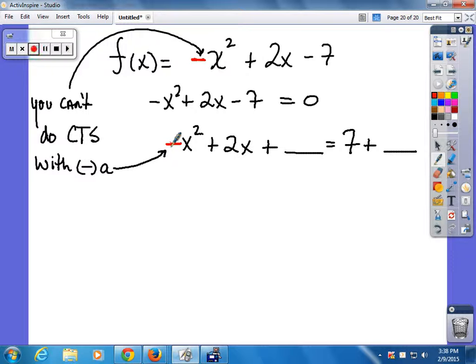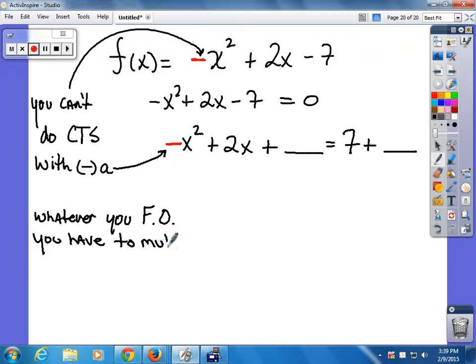Now, in order to factor it out, we've got to remember a rule. Whatever you factor out, you have to multiply the right side blank by that number.